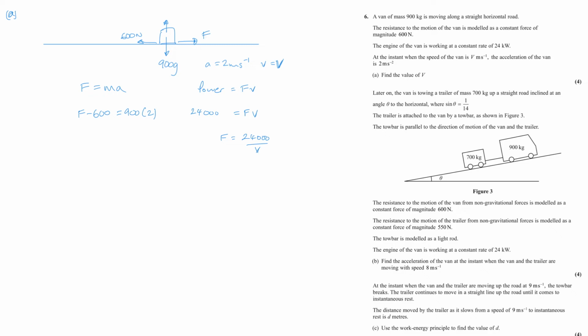So putting these two together, it's 24,000 over V minus 600 equals 1800. 24,000 equals 2,400 V. V equals 10 meters per second.